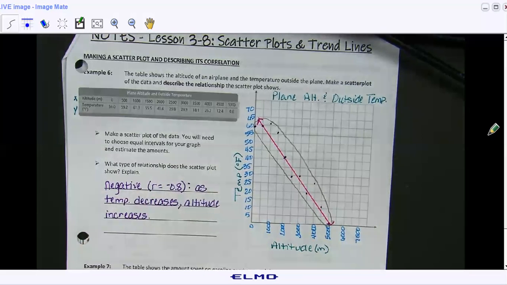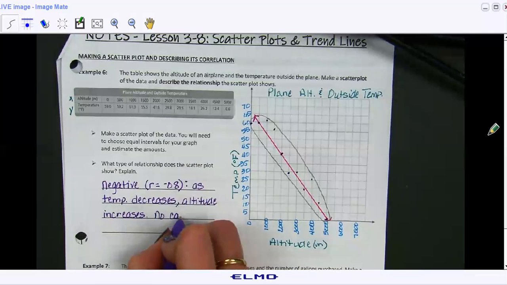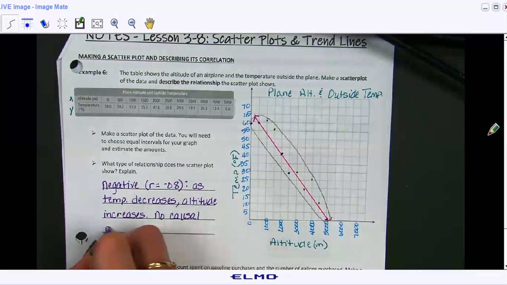No, because the plane isn't caused by the altitude. The higher the altitude does not cause the temperature to decrease. The altitude itself does not cause the temperature. Okay, so there is no causal relationship. And we have to explain, I didn't give you enough room, so just right below it.